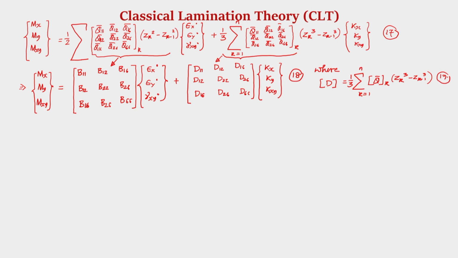So, what we could do is relate the force and moment resultants in terms of the mid surface strains and curvature. That means, for a given laminate, given the force, we can find out the mid surface strains and curvature and vice versa. So, what is this Nx, Ny, Nxy, Mx, My, Mxy?